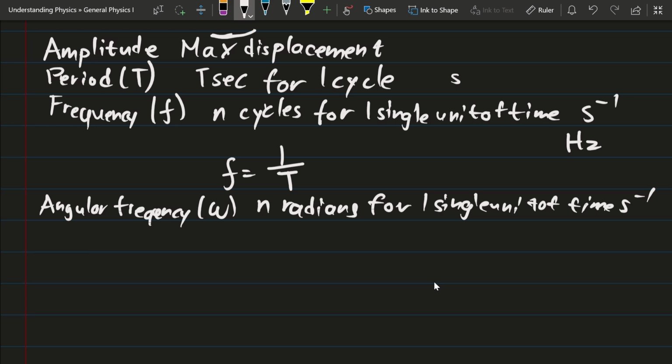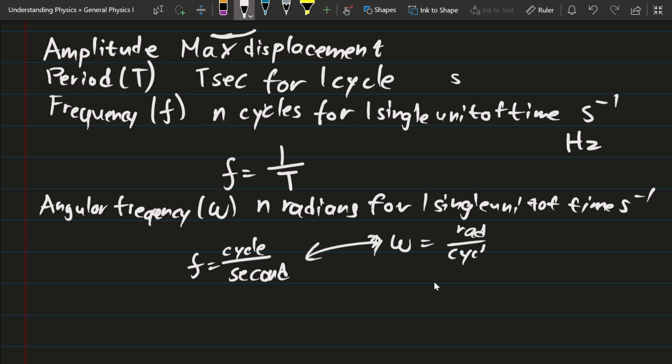So, what's the relation between frequency and angular frequency now? The frequency is cycles over second, while we want to convert from omega, which is the number of radians per second.